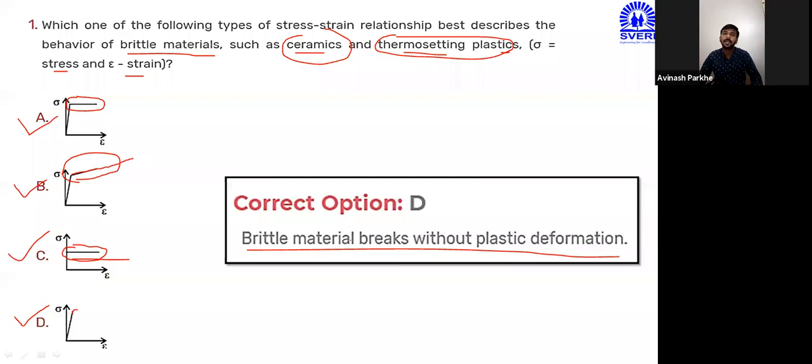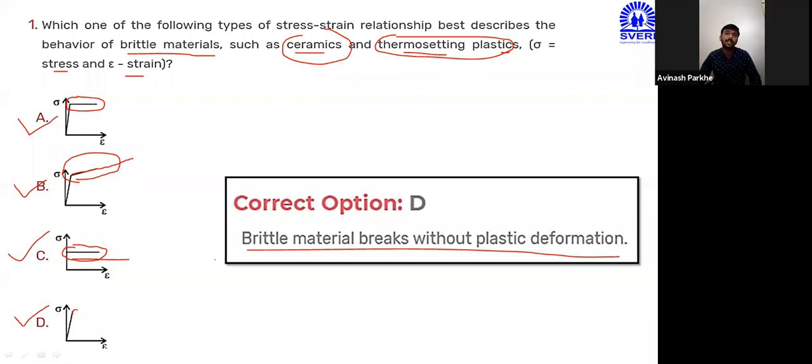Why? The brittle material breaks without plastic deformation. Some plastic deformation is possible in case of a ductile material, because in a ductile material the plastic deformation starts from the upper yield point, then the lower yield point, then ultimate strain, and then breaking takes place.